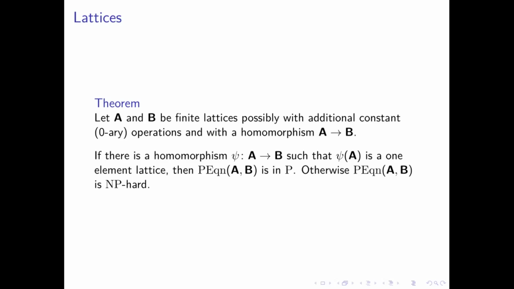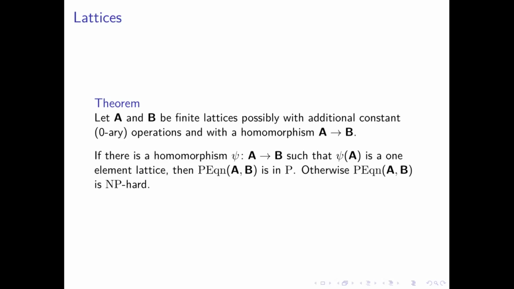You have the usual homomorphism from one algebra to another. And if you go back to the previous theorem and look at what this means when you're just working with lattices, the criteria becomes a lot simpler. If there's a homomorphism such that psi of A is a one element lattice, then promise equations A, B is in P. Otherwise, promise equations A, B is NP hard.